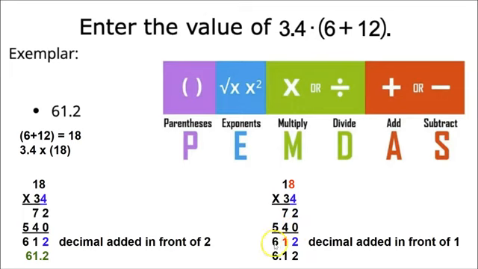And so therefore, with your final answer, you highlight the numbers that is equal to the amount of decimal places that you have, and make sure you add a decimal point in front of that highlighted number, and thus you have 6.12 as your final answer if this was 1.8 times 3.4. Okay? And we'll continue on.